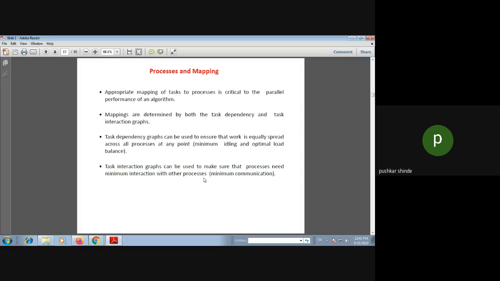The task interaction graph decides on the communication reduction part and the task dependency graph decides which processes can be executed in parallel. So dependency is found from the task dependency graph to identify which tasks can be executed in parallel, and the task interaction graph decides where the communication between tasks is more, so that those tasks can be put in one process.